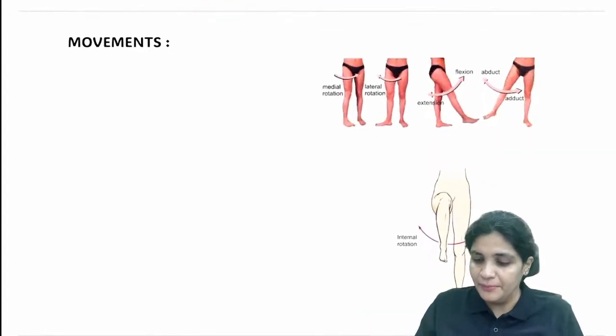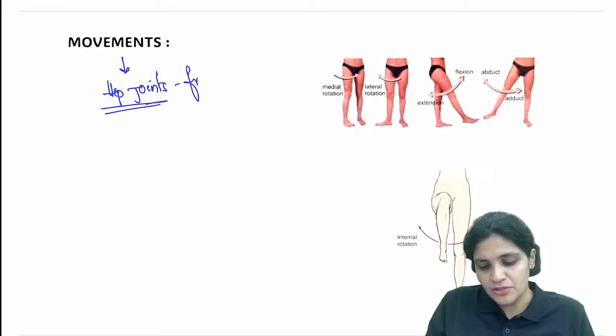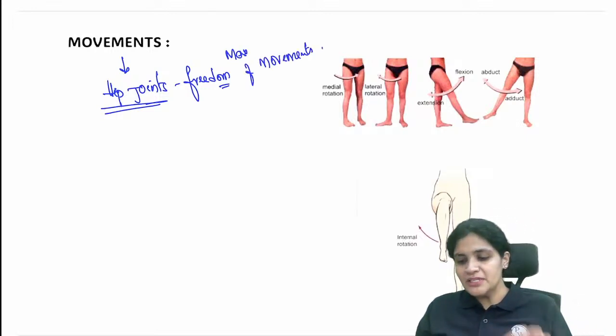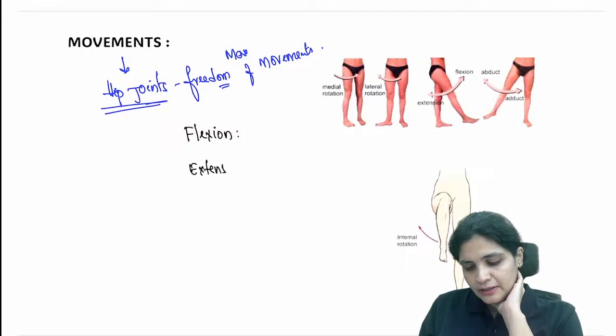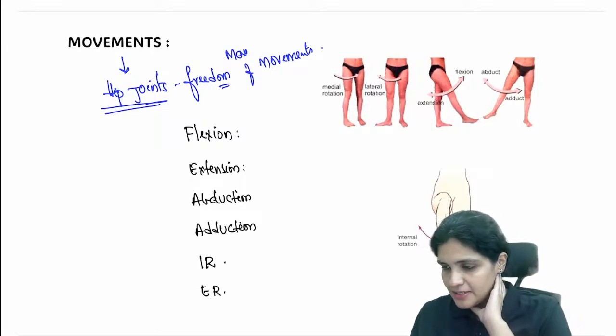So here what you have to remember is, this is the hip joint which enjoys the maximum freedom of movement. So all the movements are possible. So what are all these movements? You all know, that is flexion, extension, abduction, adduction, and then internal rotation and external rotation, right?